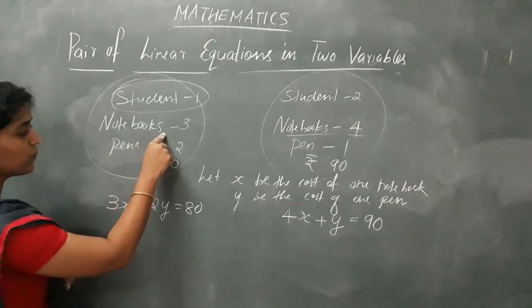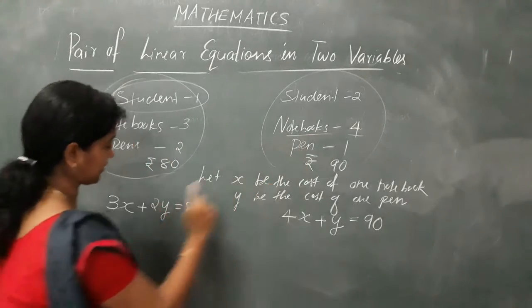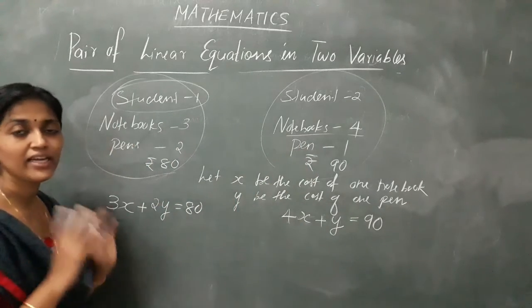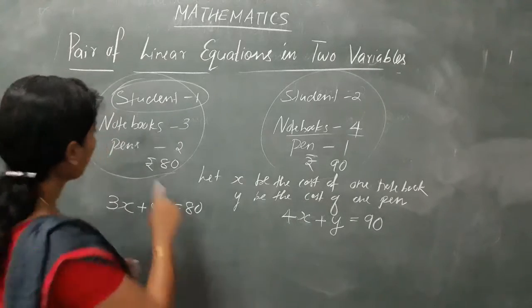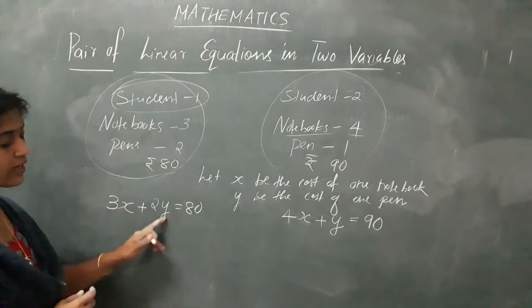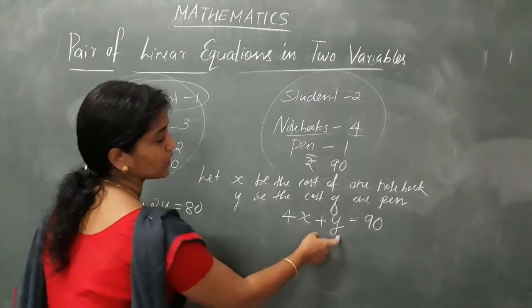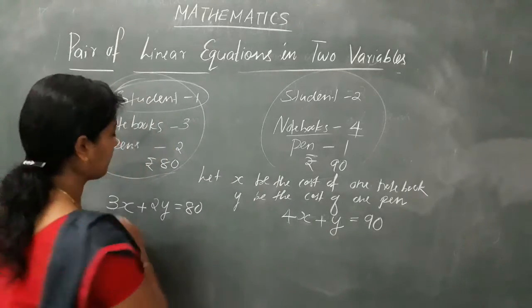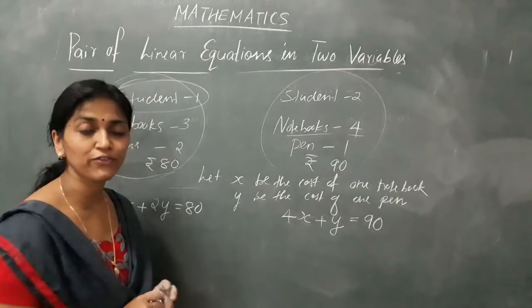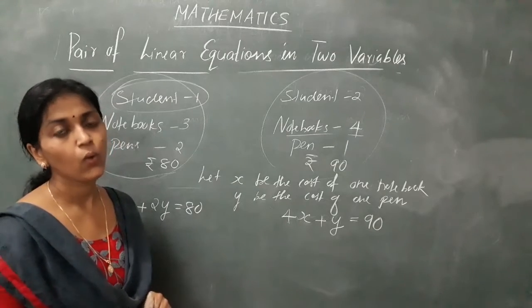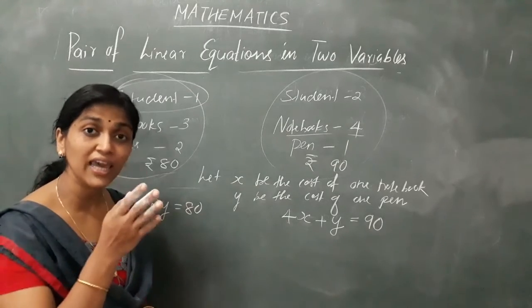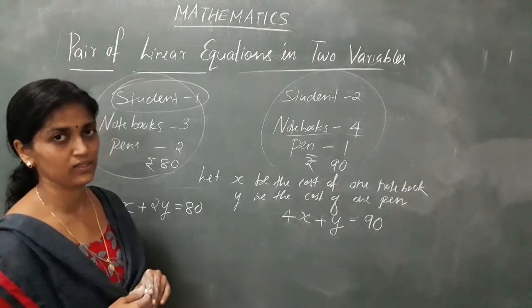We have taken the cost of a notebook as x, and it must be the same, and the cost of a pen we have taken as y, and the same y came here. This type of equations you can call a pair of linear equations in 2 variables, where the variables are the same for both the equations.